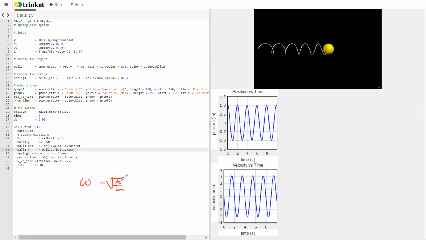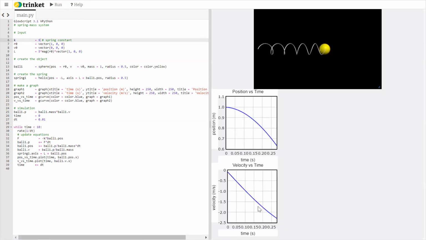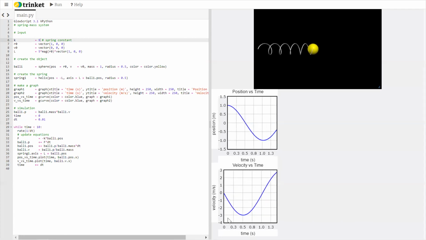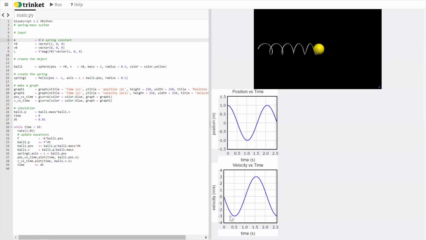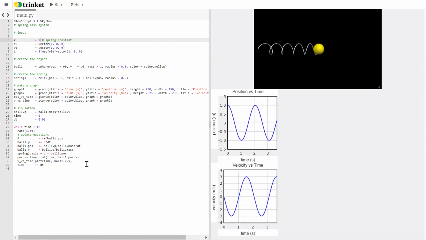So you take the square root of 10 over 1, so square root of 10. What we can do is to make this a perfect square. K equals 9. So 9 divided by 1, and then take the square root. So the value is 3, since a is equal to 1.